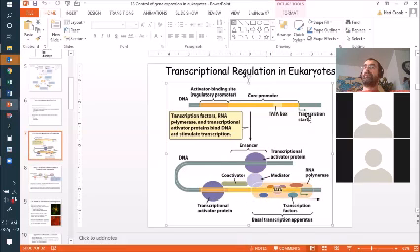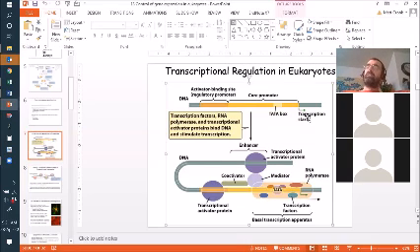Okay, gotcha. So one of the things I wanted to get across in this particular PowerPoint and lecture is the astonishing degree of complexity in the control of gene expression in eukaryotes. In bacteria, it seems pretty complex, particularly if you haven't seen it before.